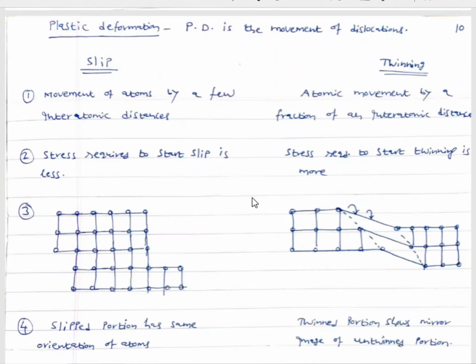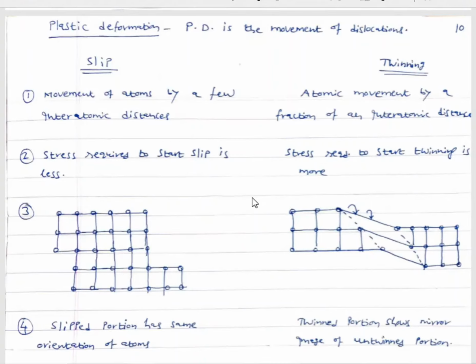While if the deformation is taking place by twinning, then to keep the plastic deformation continuing by twinning, less stress will be required. So at the start point, the stress required in case of slip is less. However, to keep the deformation continuing by slip, the stress will be very high. We will see that in cold working and hot working.